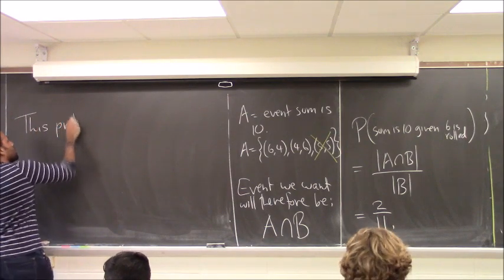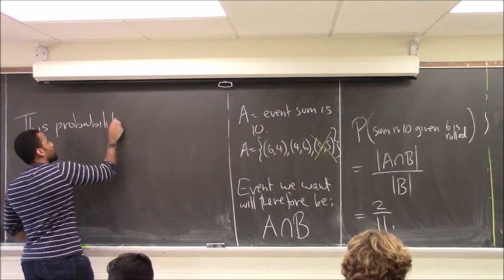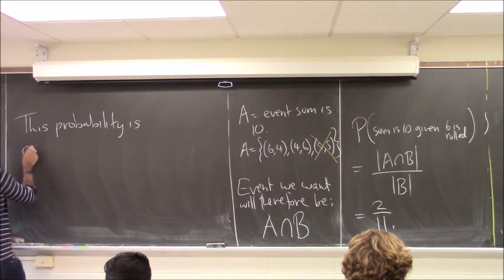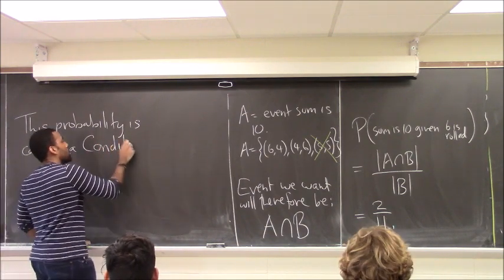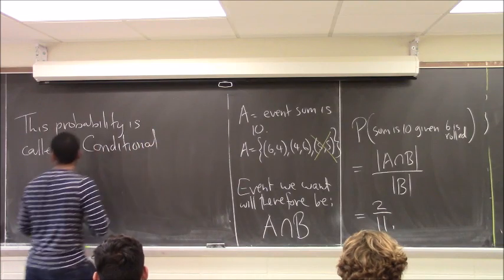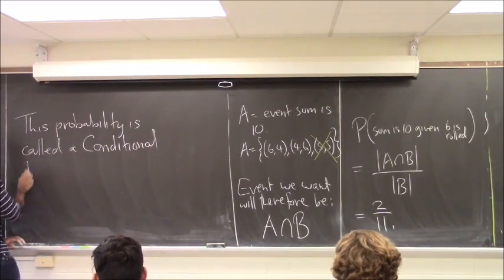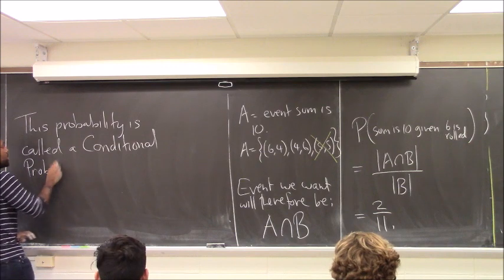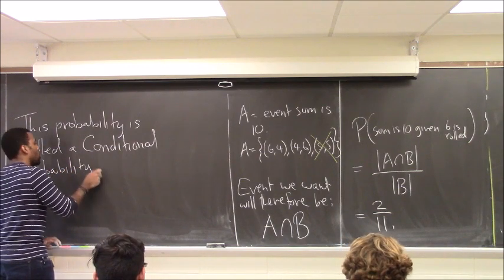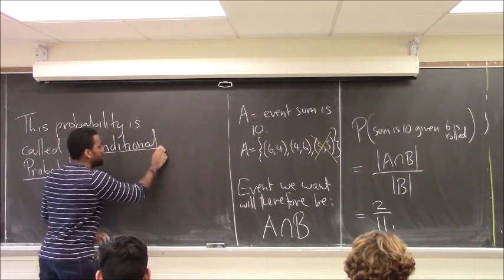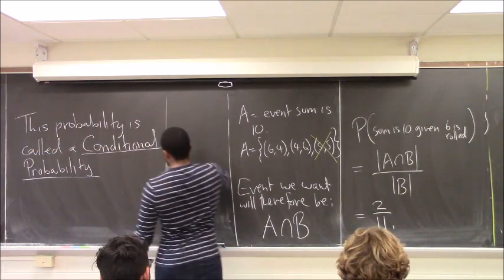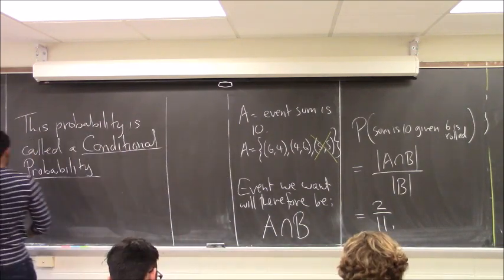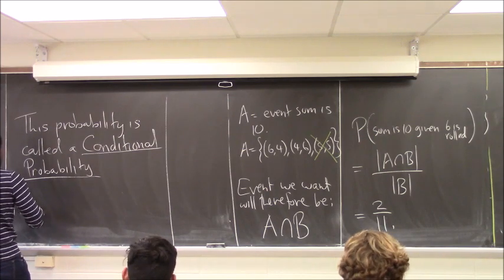This probability is called a conditional probability. It's the probability of an outcome based on some condition that you know has been fulfilled. What is the probability that the sum is 10 given the condition that 1 has to be a 6? The notation would be the following.